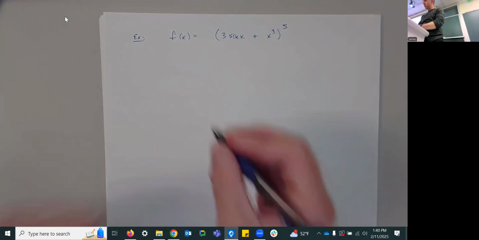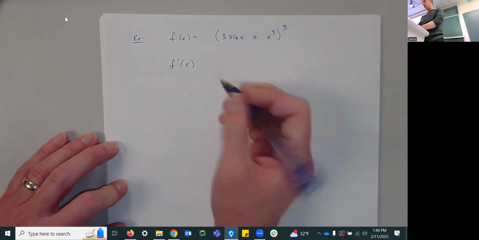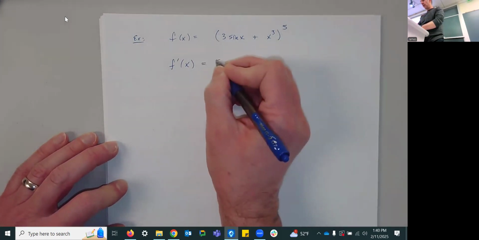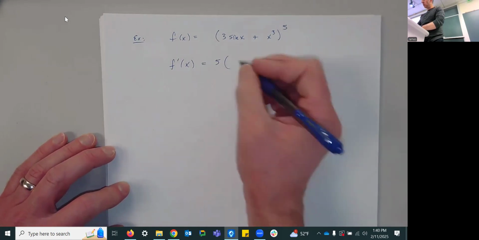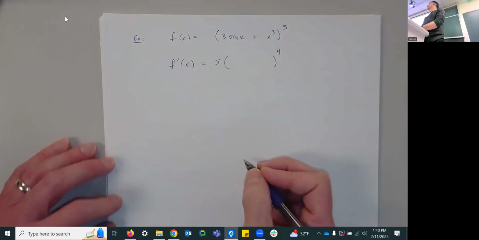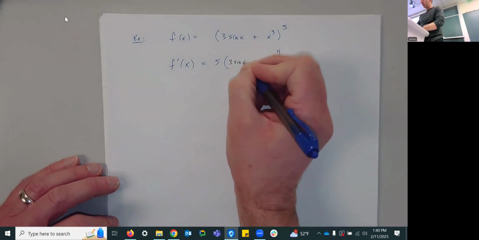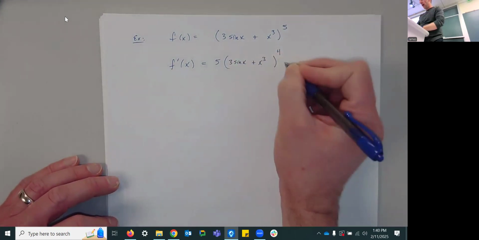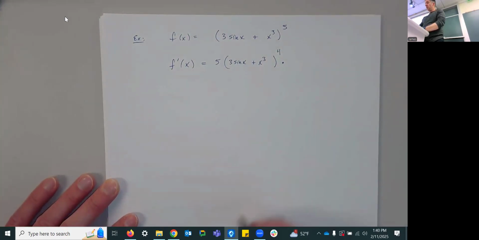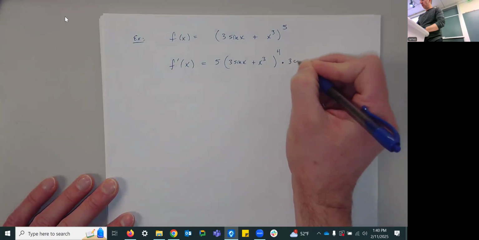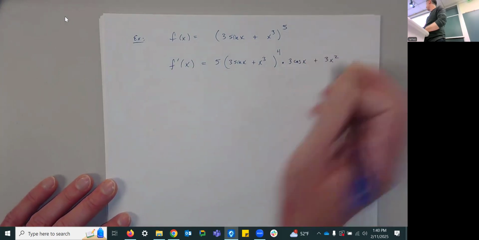I'm really a fan of the word stuff. It might be my favorite math word. So some stuff to the 5th, the derivative is going to be 5 times that stuff, which we have to leave alone, to the 4th power. So that stuff is 3 sine of x plus x cubed. And then after that, we're going to multiply by the derivative of the inside stuff, which is going to be 3 cosine of x plus 3x squared.